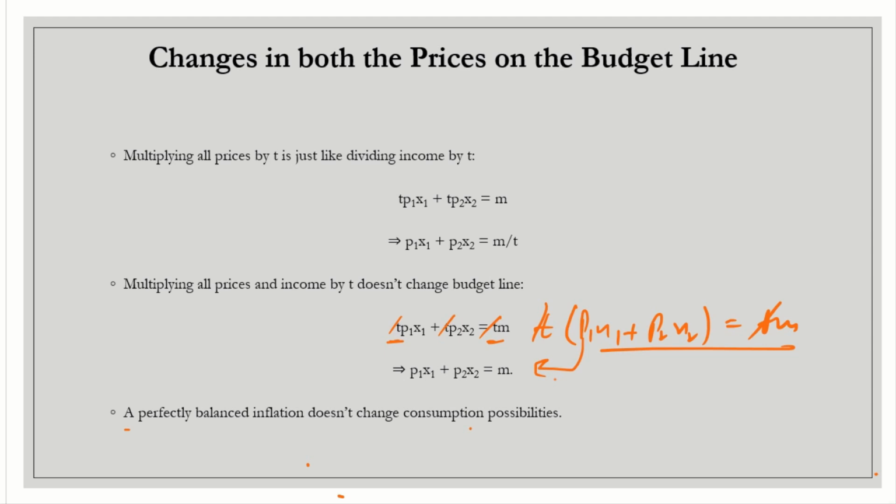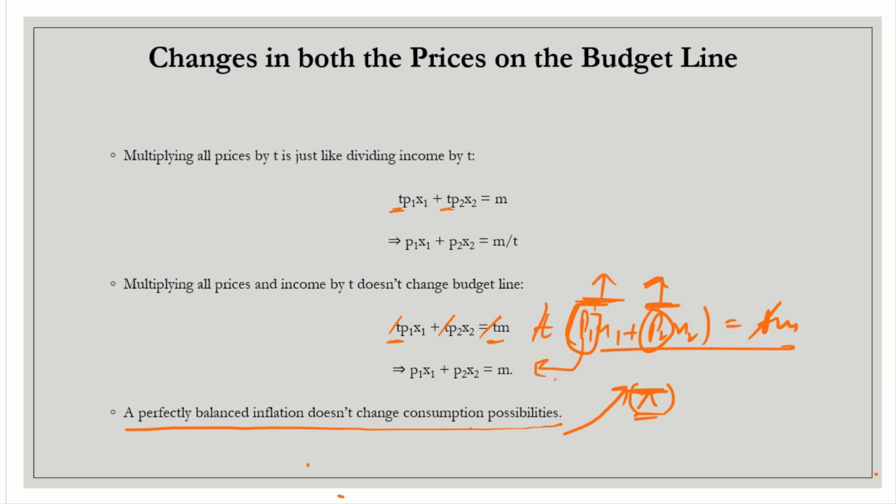Alright, a perfectly balanced inflation does not change the consumption possibilities. Inflation is the persistent rise of prices over a period of time. If we denote inflation by the symbol pi, and it is not increasing, it basically means that your prices are not increasing. Balanced inflation means the prices of both the commodities are increasing in equal proportion, so that there is no differential, and as a consequence these values are equal.